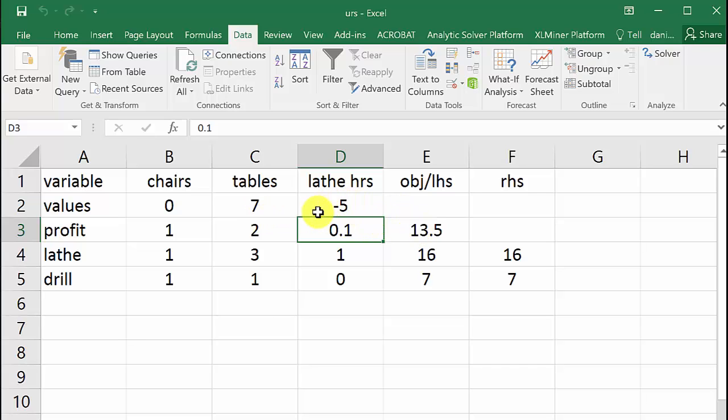So we see that we can have a variable, lathe hours, which can either be positive or negative, and that is a powerful flexibility within linear programming. The question is, given that variables being non-negative is so fundamental to the entire algorithm, how is this going to be accommodated? That we'll deal with next.